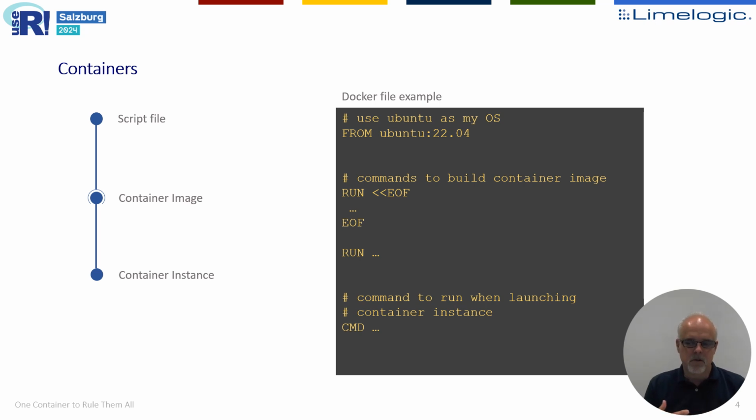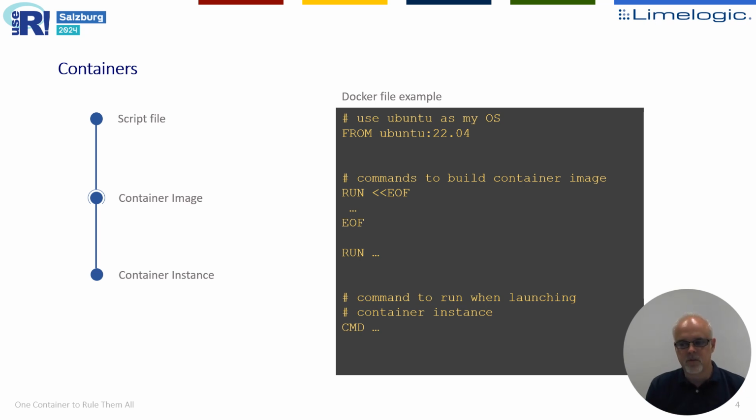Now, we create container images using script files, and I'm going to be using Docker architecture as our example. So here's a Dockerfile. It contains 3 parts. You start with some form of base image. In this case, it's Ubuntu, our operating system. Then you execute a set of commands to build your image.